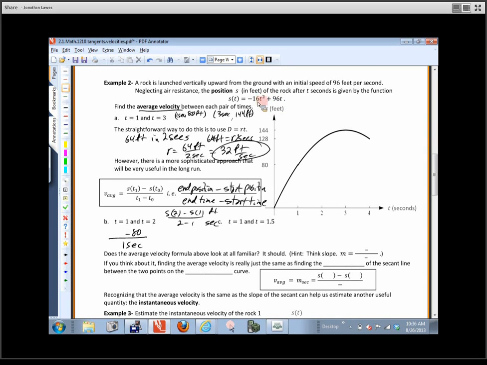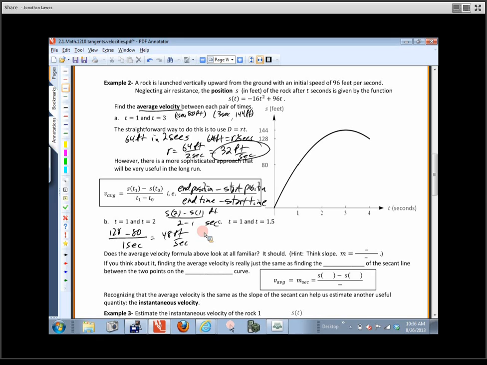This is going to be 4 times negative 16, so that's going to be negative 64. We're going to plug in a 2 and that's going to be 192. Subtract the 64, you get 128, right? Notice that it happens to be the numbers that I've got right here. Very nice. So if I subtract there, that's going to be 48 on top. So this is going to be 48 feet per second.